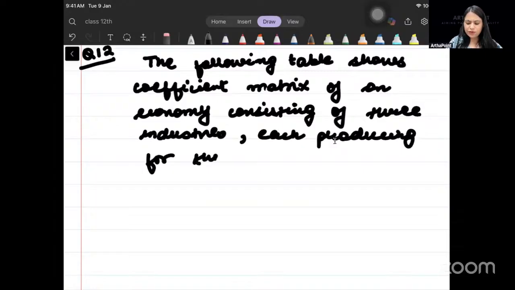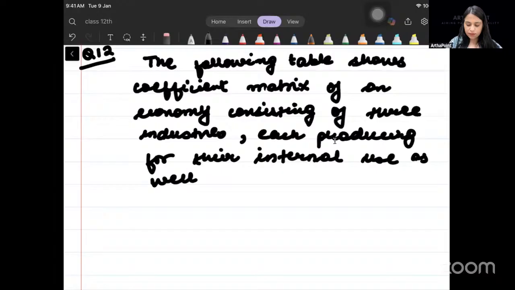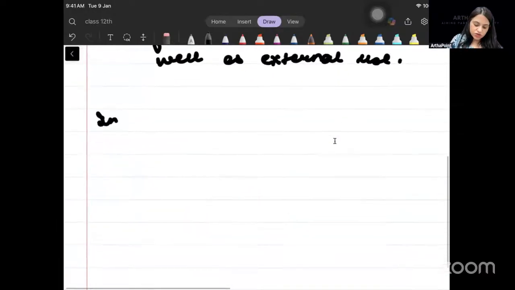So it's a Leontief input-output model. Internal use as well as external use.